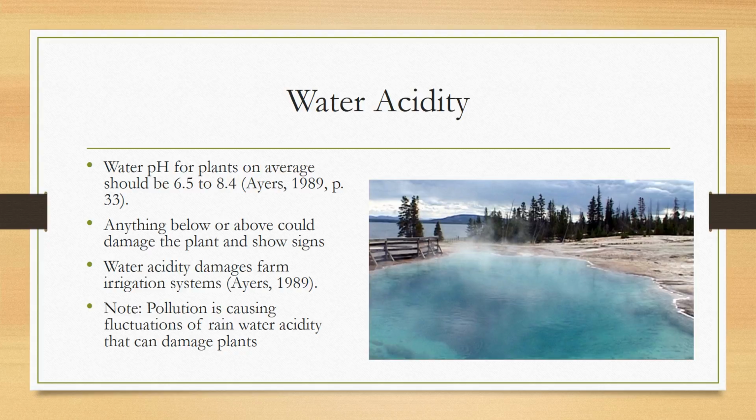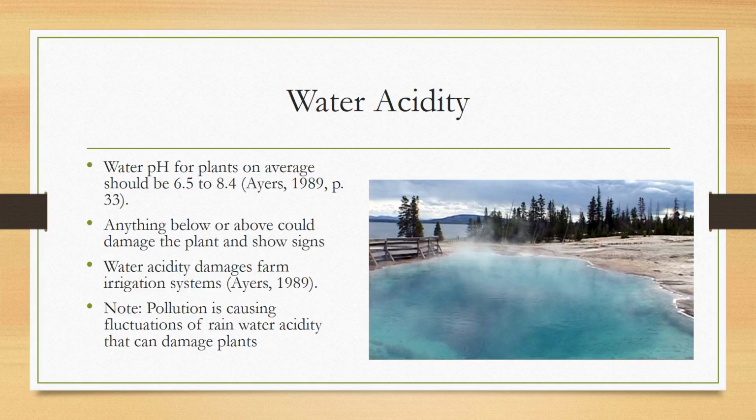It's also said after research that water acidity damages farm irrigation systems. So pipes and canals can be eroded and destroyed from the corrosiveness of acidic water. So it's important that they test their water in order to prevent these damages because it could be costly.